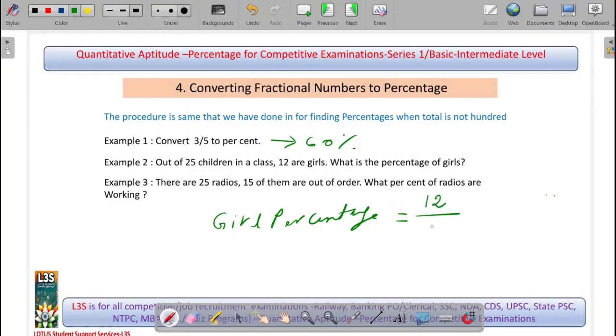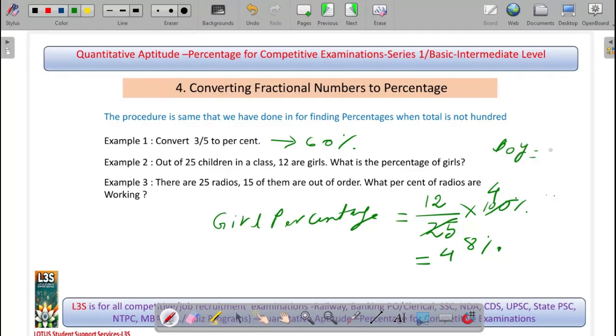And what is the total number of children? 25. So into 100%. We have to write like this. So 25, 4, so it will be 48%.